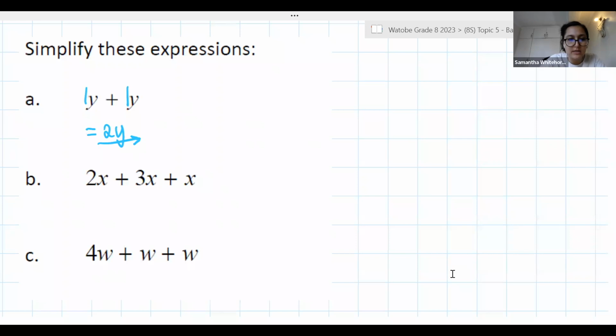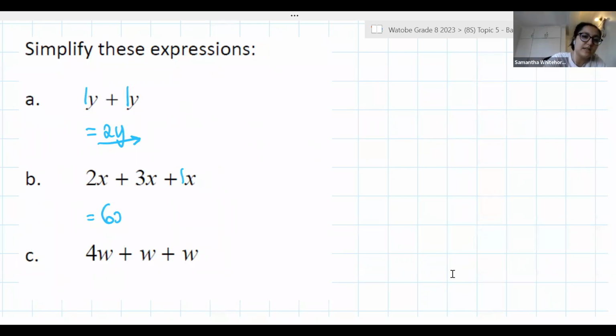Oh, we've got so many hands. This is wonderful. Lawrence, help me with B. Ma'am, for B, we're going to say 2x plus 3x, which equals 5x plus the 1x, which equals 6x. Perfect. Well done.